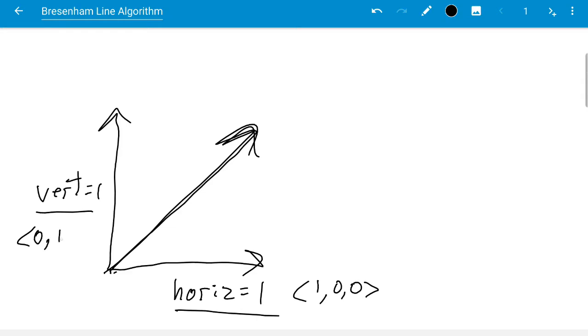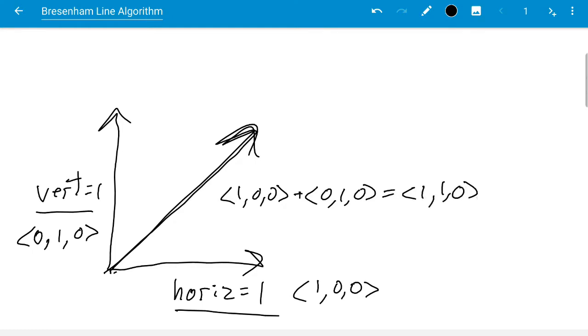Let's say our vertical is in the y dimension. And then our diagonal one, with those added together, component-wise addition there, we end up with this vector. And this one is bigger than the others.